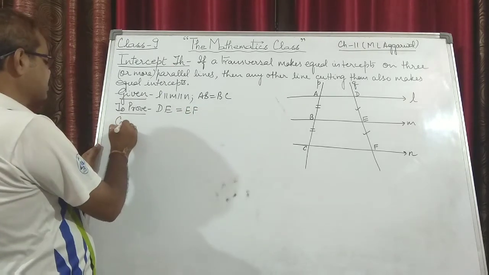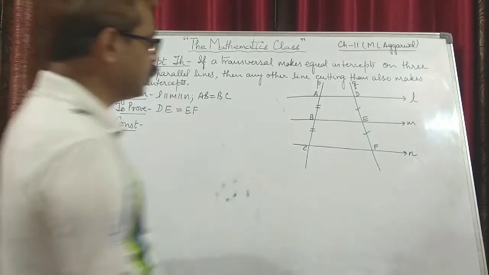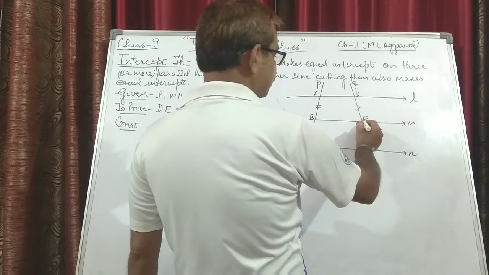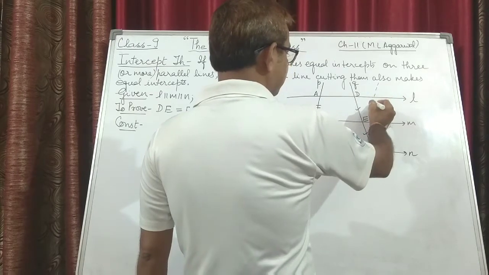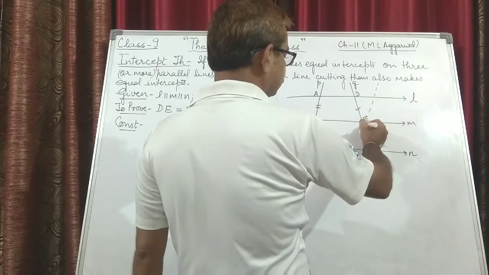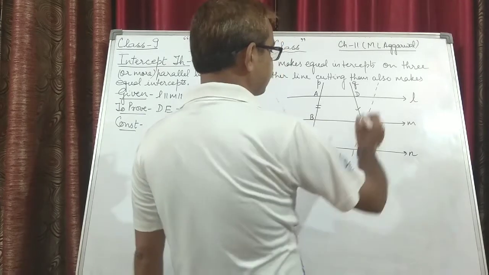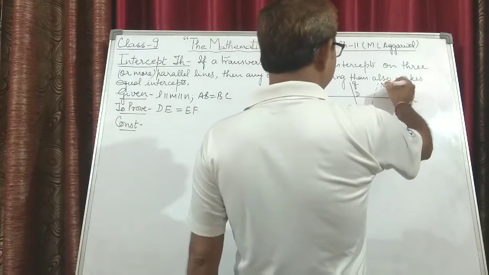Now we will do a construction. Now what is that construction? We will draw a line which is parallel to line P and passes through point E. Let's say this is our construction. It does not look like parallel, but take it as parallel. Let us say this line is PQR.